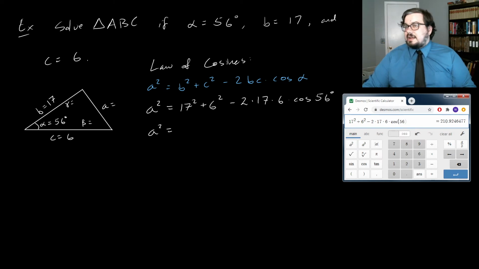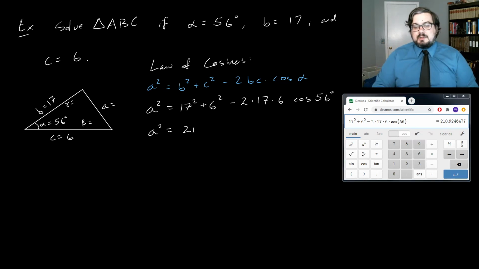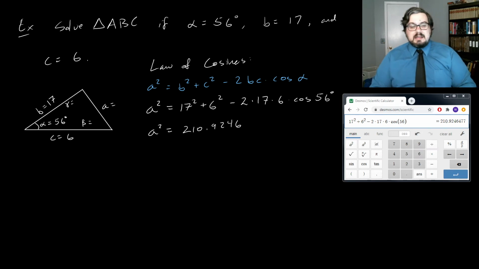I double check that I'm in degree mode, and that gives me that a squared is equal to 210.9246, to a sufficient number of decimal places for what the problem's asking for.